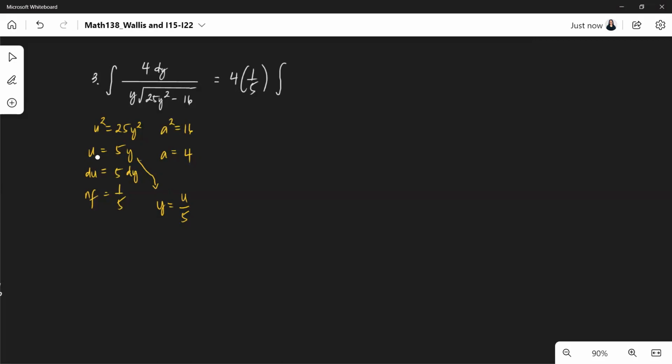So it's transformed to du. And then the y is u over 5. And the radical becomes the square root of u squared minus a squared.